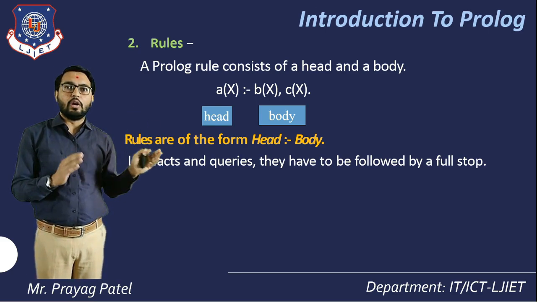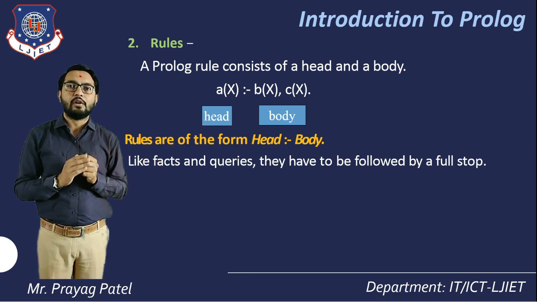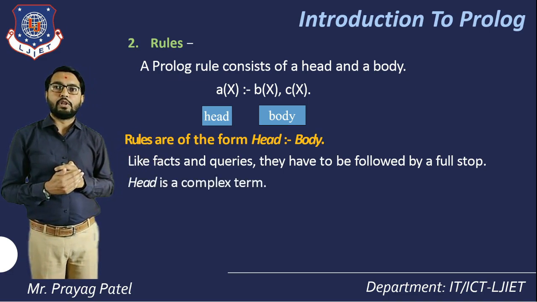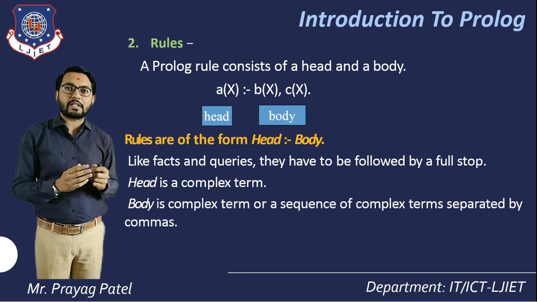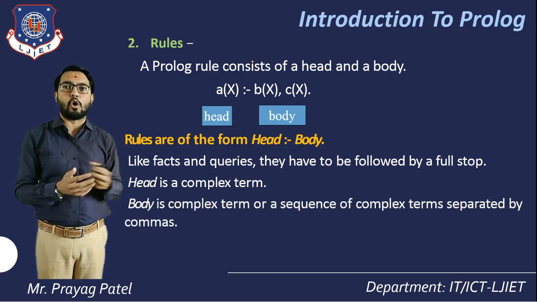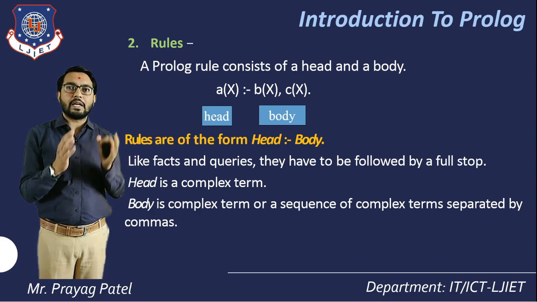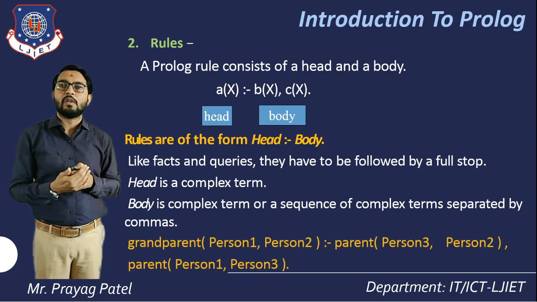Same way for the rule we compulsorily put the full stop at the end of the rule. Head is a complex term, body is a complex term or a sequence of complex terms separated by commas. So here the body part contains multiple subgoals.